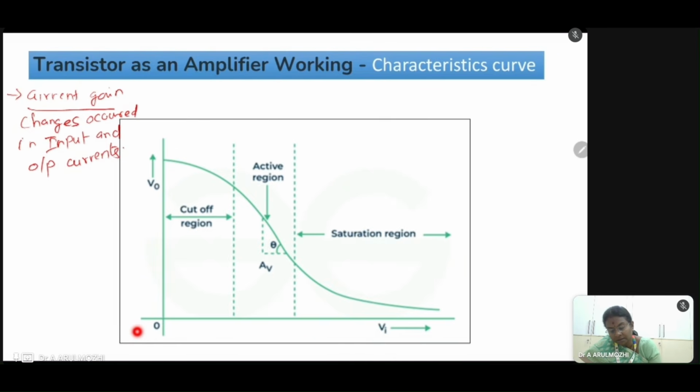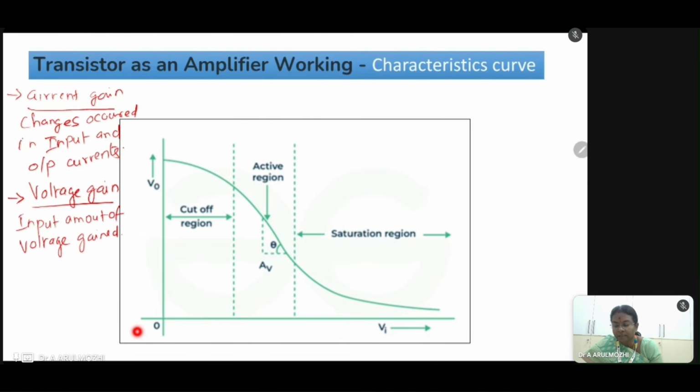Here, next we will see the voltage gain. Voltage gain is nothing but, for the given input, what is the amount of voltage gained?